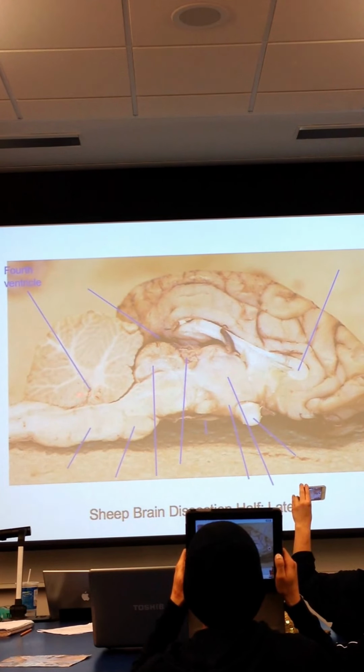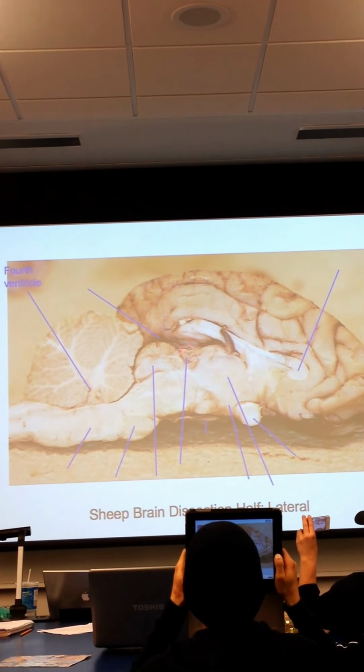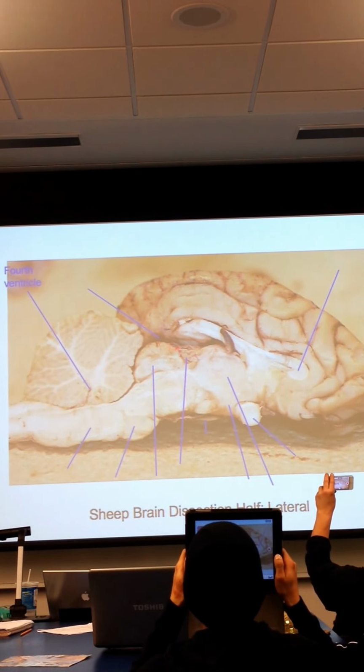This whole ball is the cerebellum, but this opening, right under here, between the brainstem and the cerebellum, and up into the cerebellum, is the fourth ventricle. Good. What is this in here? It's the third ventricle. Good.